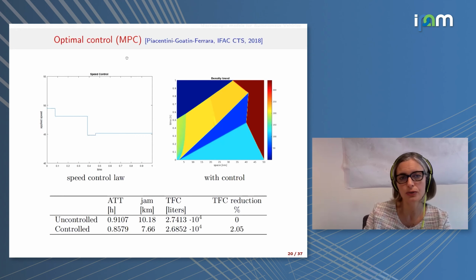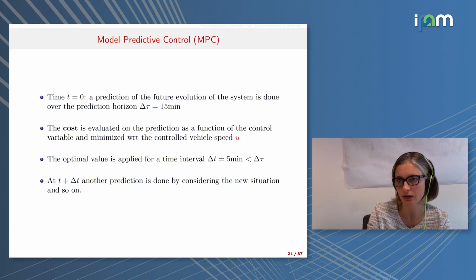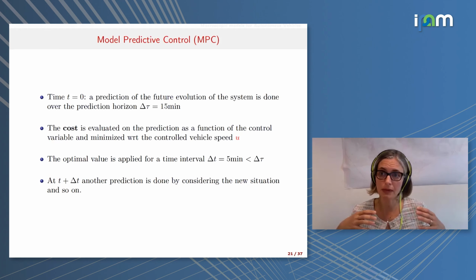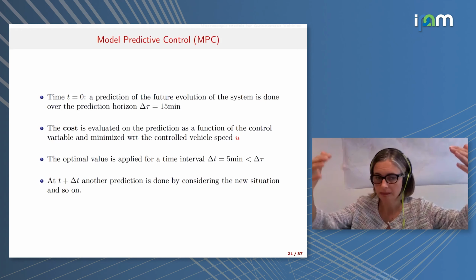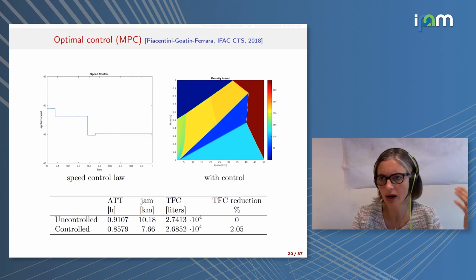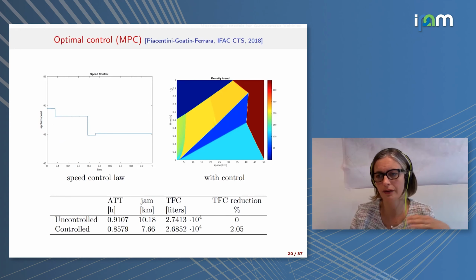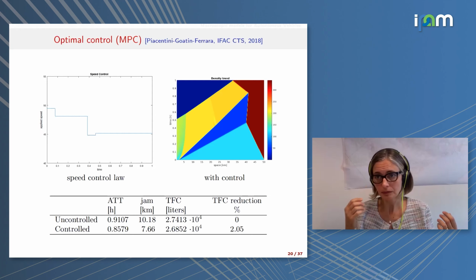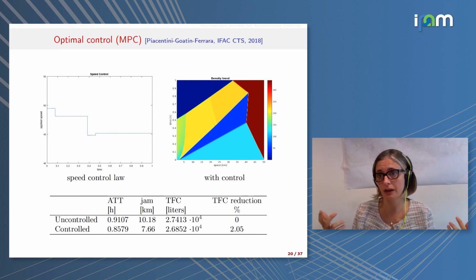And this was obtained using MPC, so model predictive control. For those who are unfamiliar, basically we are not optimizing on the whole time interval. Our scenario has 1 hour length, but we are not running the optimization over 1 hour because this is not doable in real time, since you don't have a good enough prediction of the traffic evolution.